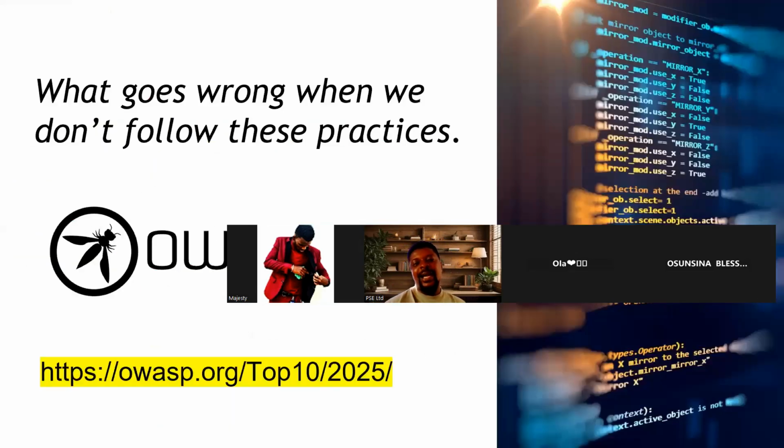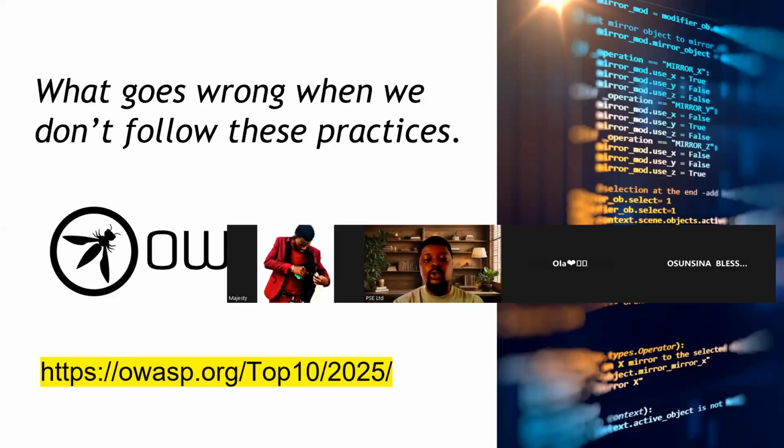Are you getting me? And I'm going to stop here. This is the last time I'm going to be showing you. I said here, what goes wrong when you don't follow all these practices? That is to say, when you don't follow all the security measures that are supposed to be in a particular application deployed on the server, that is where all the vulnerabilities you've been detecting on your system come up.